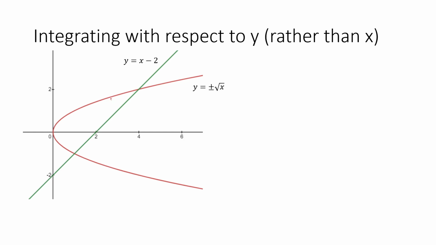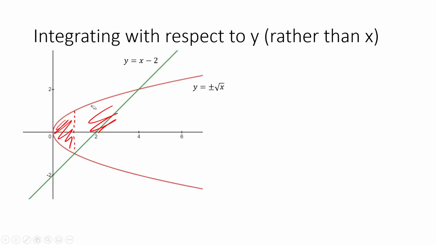Over here, this one's on top and this one's on bottom. But over here, if I find this slice, this is on top and this is on the bottom. So now I'd have to set up two integrals, split this thing up, find this part and this part, and add them together.